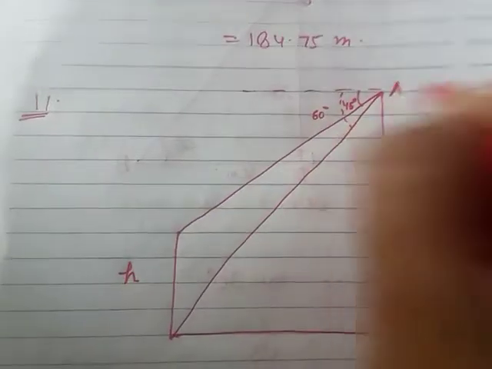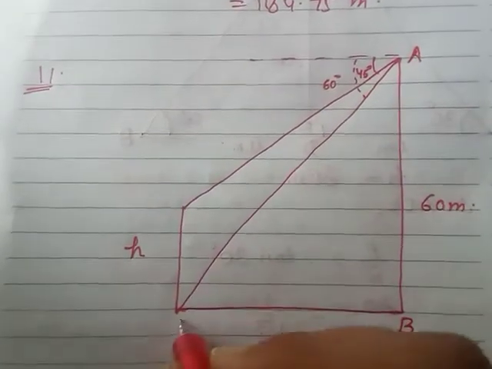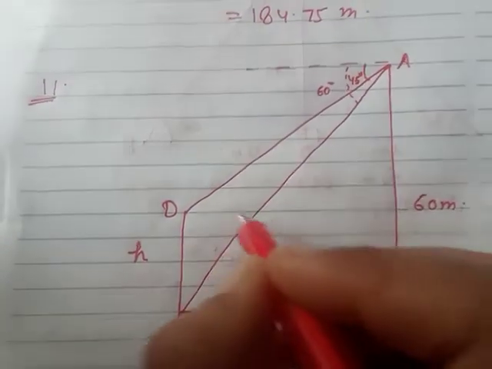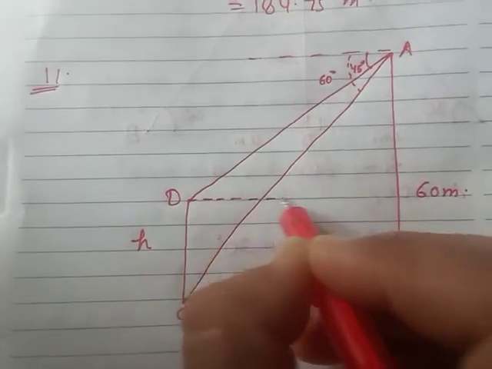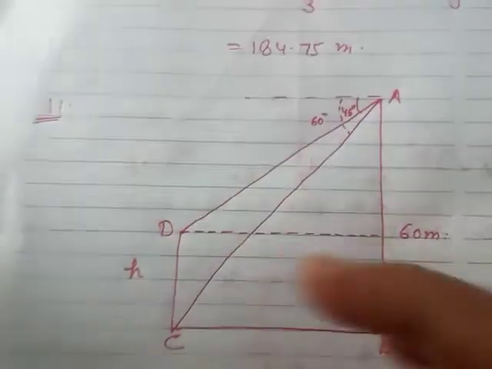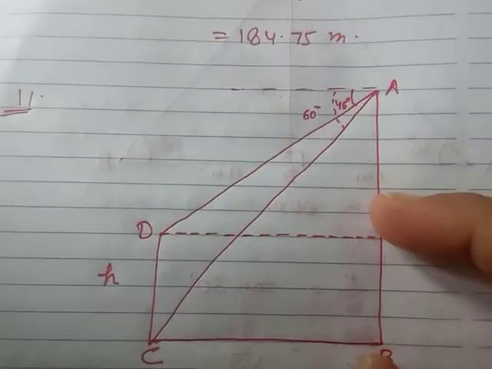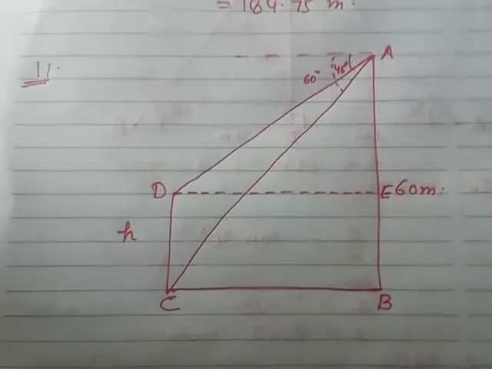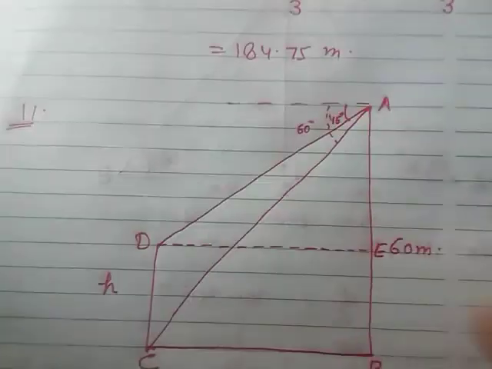Let it be A, B, C, D. Now we can join it also. It will make a rectangle. This distance and this distance will be the same. Similarly, DC will be equal to EB, let it be E. It is forming a rectangle.